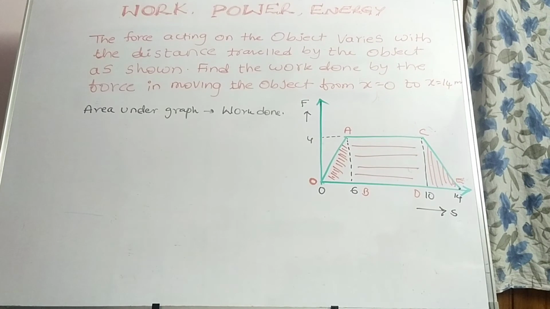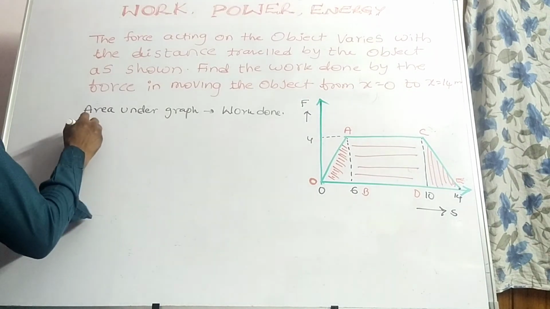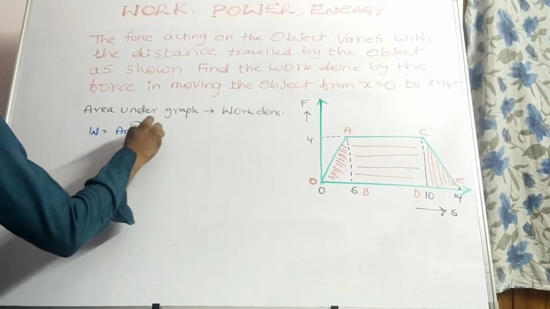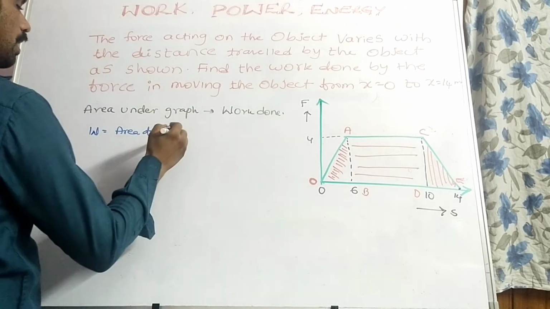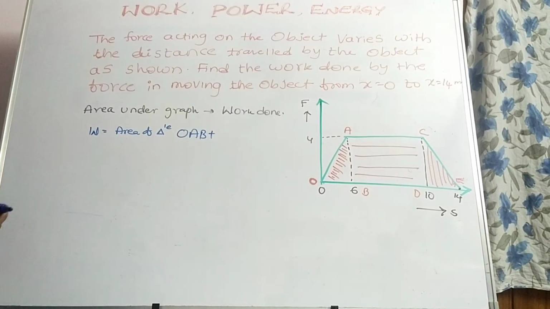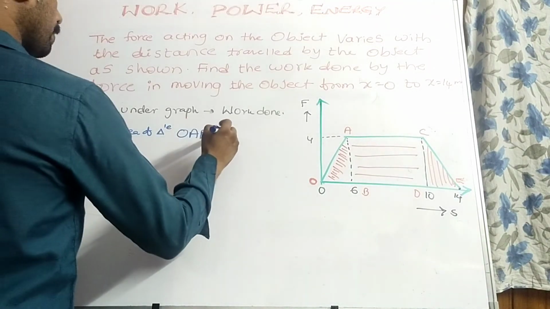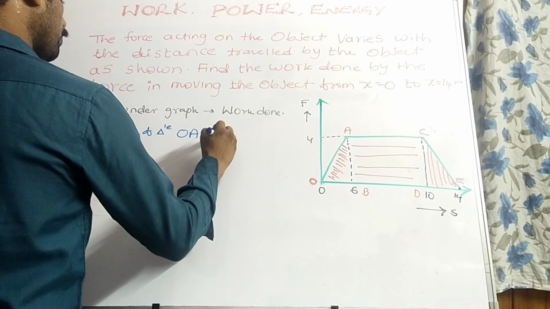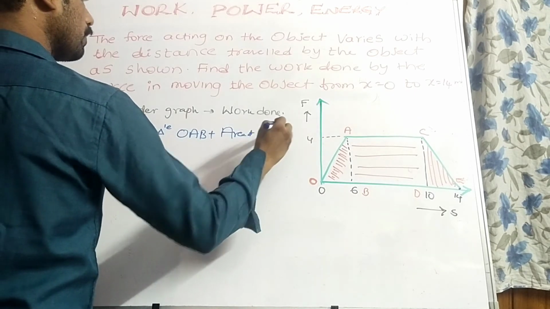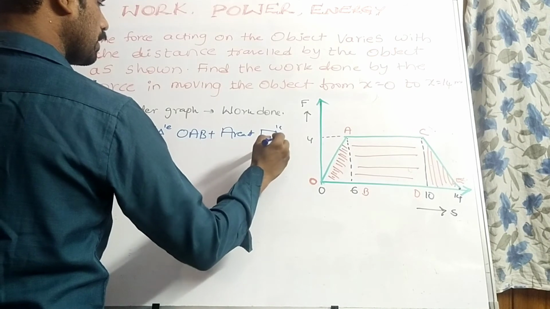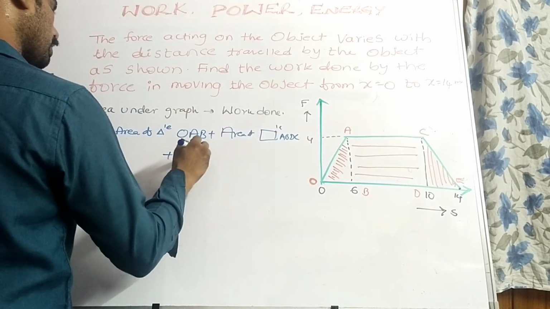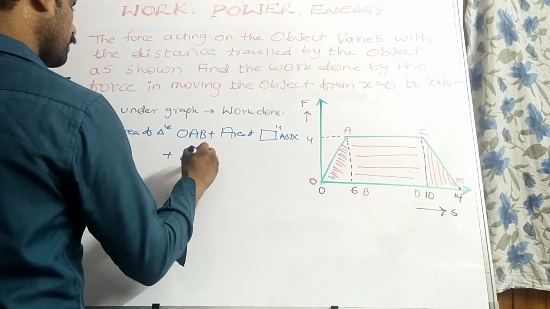Hence W is equal to the area of triangle OAB plus the area of rectangle ABDC plus the area of triangle CDE.